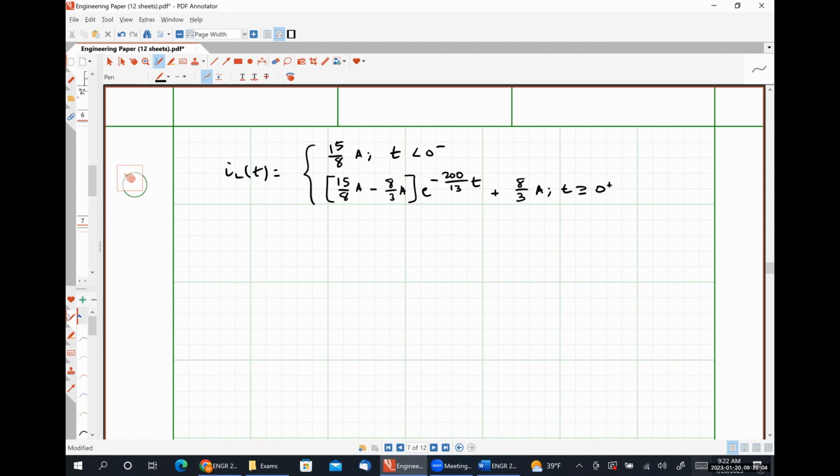And just for simplicity's sake, 15 over 8 minus 8 over 3. This bit right here looks like negative 19 over 24 amps.